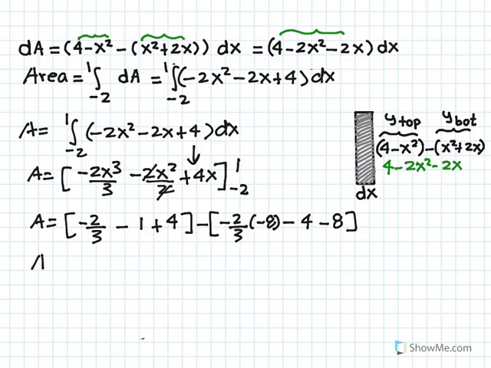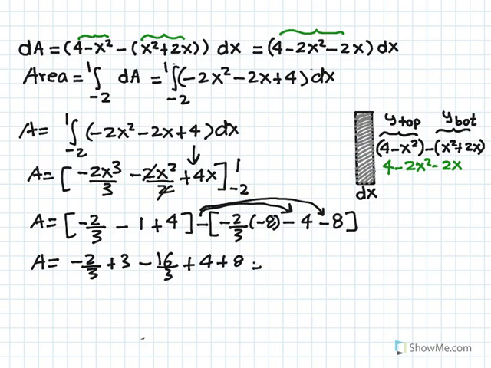Let's simplify this. Let's just expand everything. Minus 2/3, 4 minus 1 is plus 3. And then we have minus times minus is plus, times minus 3 minuses is negative, so we get minus 16 over 3. Minus 4 is plus 4. Minus 8 is plus 8. We're just distributing this minus sign here and here.